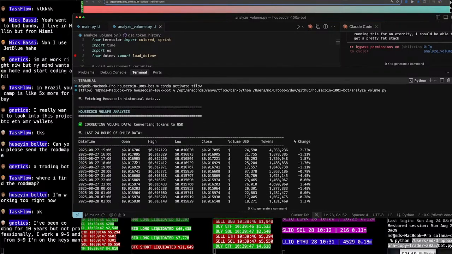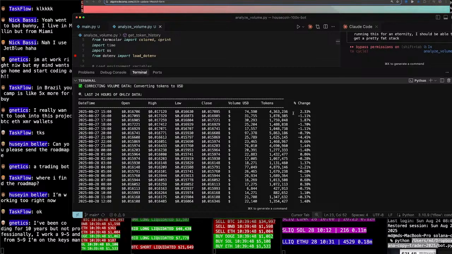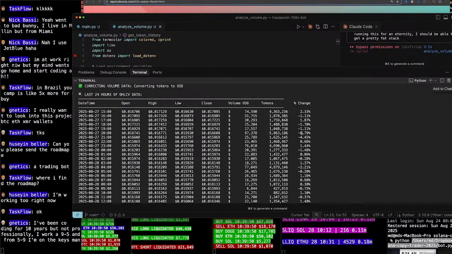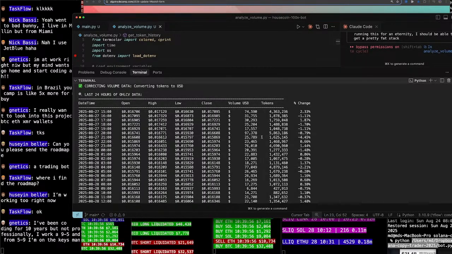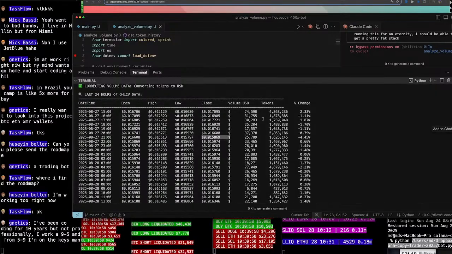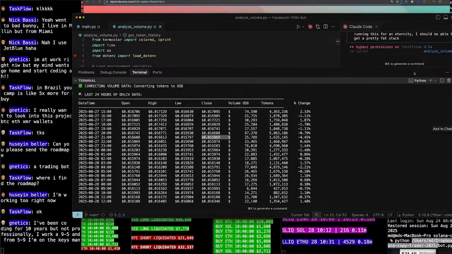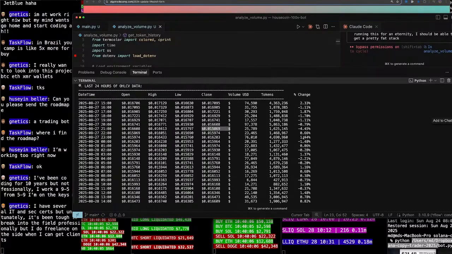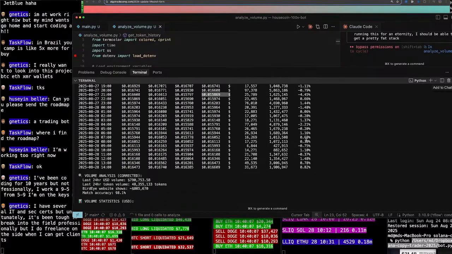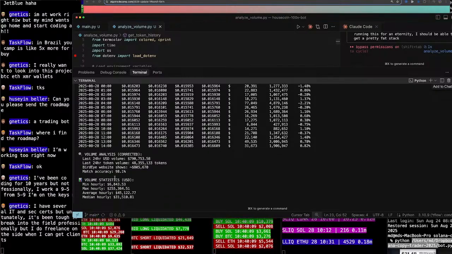So this is all the data here. You can see the hourly change. Okay, this is perfect. So you can see the percent change over the hour. Okay, great. Ooh, 3%. Yep. Volume analysis corrected.